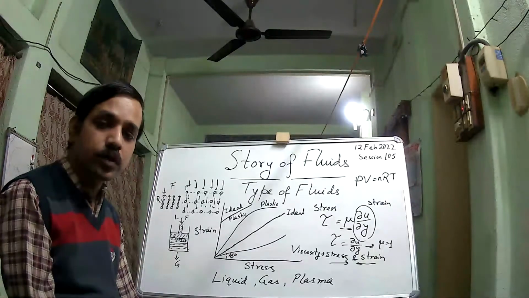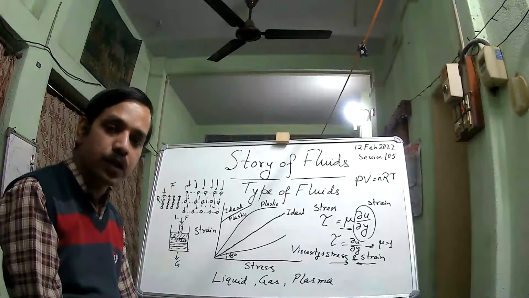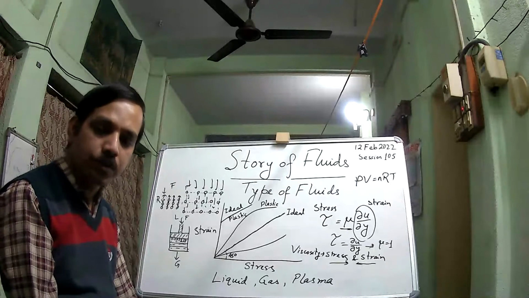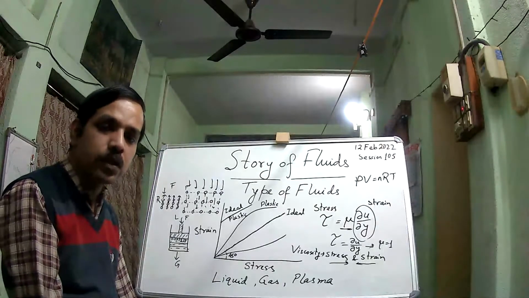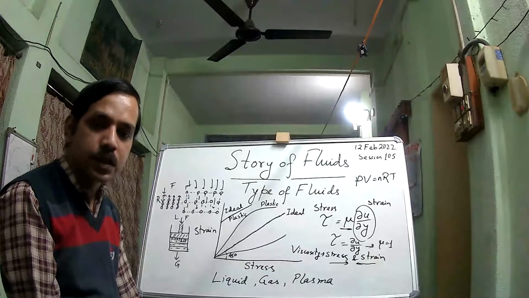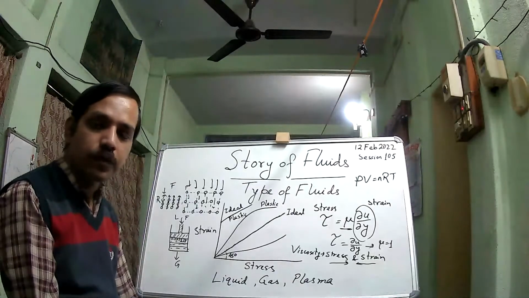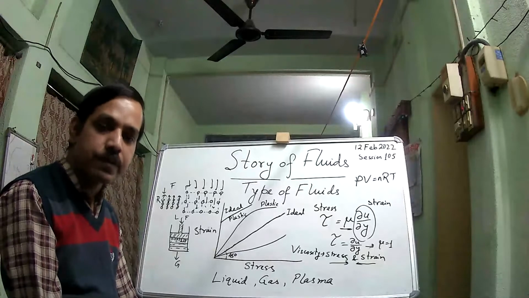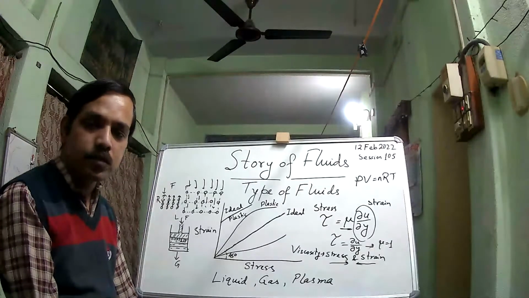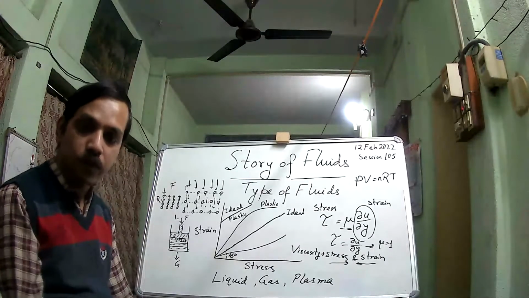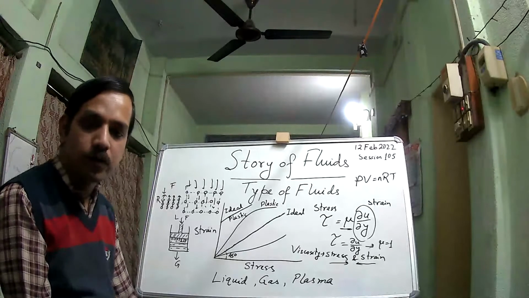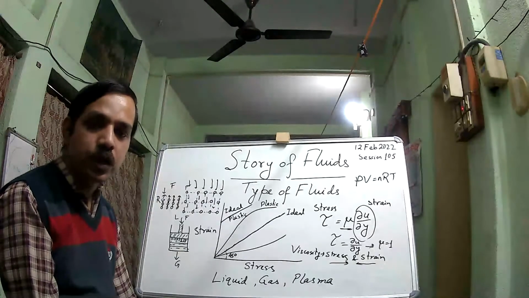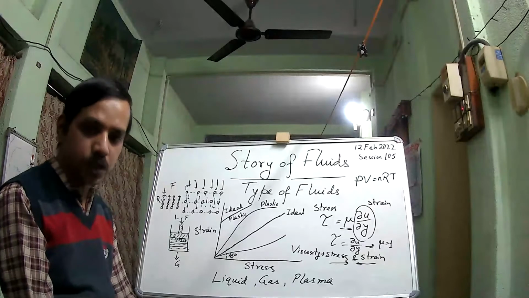So that is a different kind of game, but all the properties, viscosity, density, specific density, specific heat, will remain the same. But how the fluid flows through, the flow pattern, will definitely change.